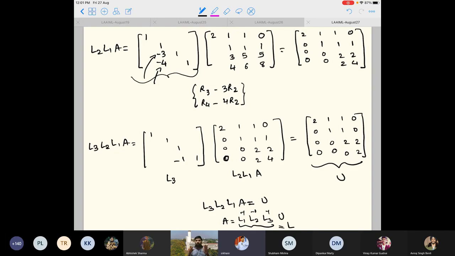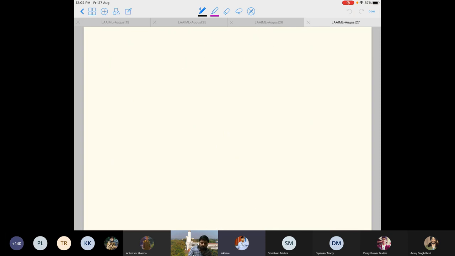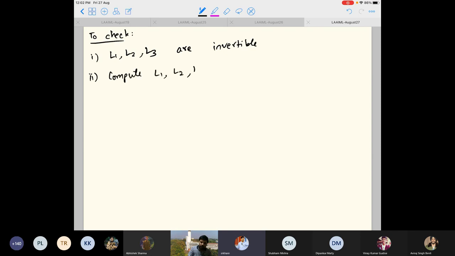U we have obtained, but we don't know about L. So what are the three steps now we want to do? Now to check, what are the three things that we want to check. The first thing is that L1, L2, L3 are invertible. Second thing, compute inverses of L1, L2, L3.